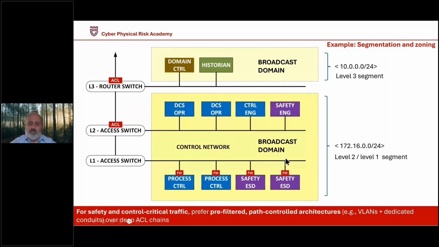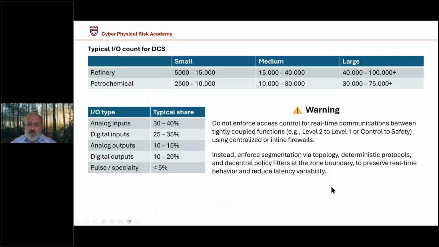To give you an example, you look at a refinery, a small refinery even, is already between 5 and 15,000 I/O. So I/O is analog inputs, digital inputs, analog outputs, digital outputs. So small refineries already have a lot of points.